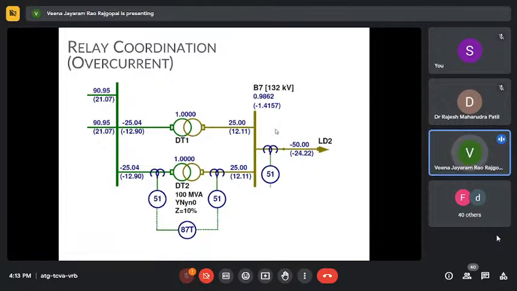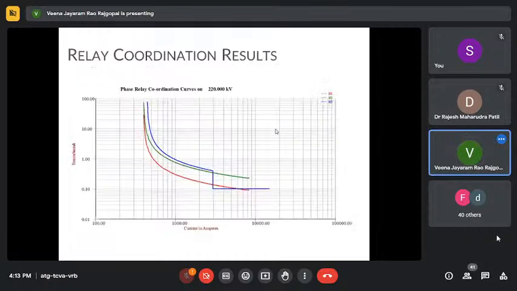Once the system does the coordination and gives the settings, the final decision is whether verification has to be done, whether the settings are proper or not, whether you need to change any settings. At that time you can create faults at different buses and see the sequence of operation. Once the coordination studies are done, you'll get a graph like this.